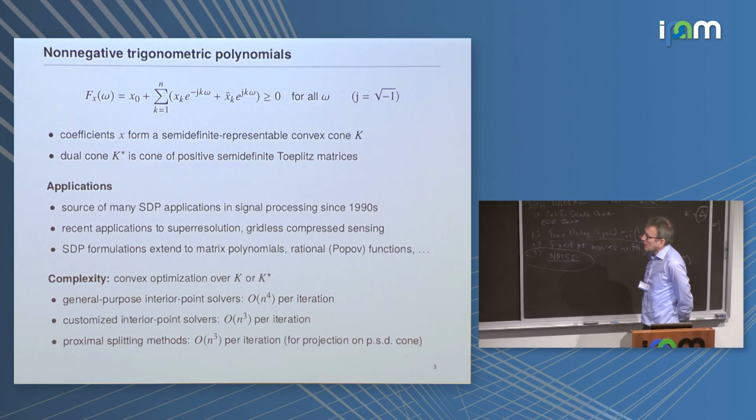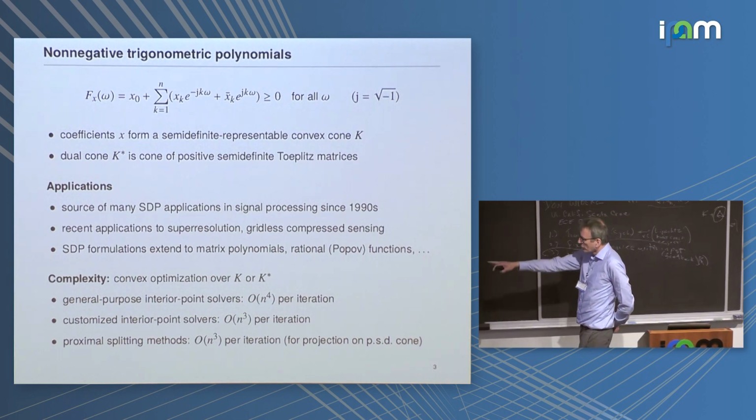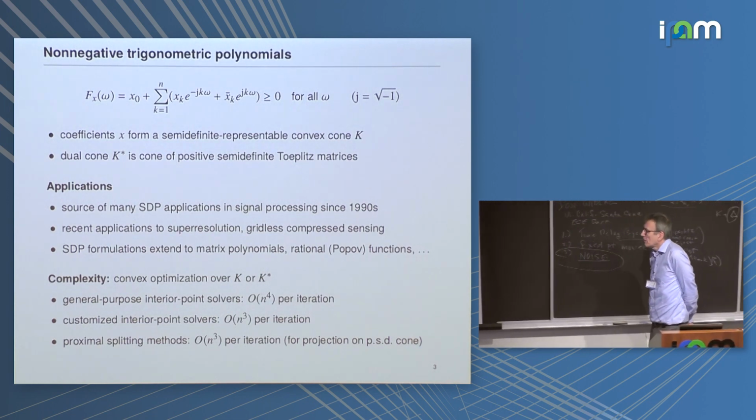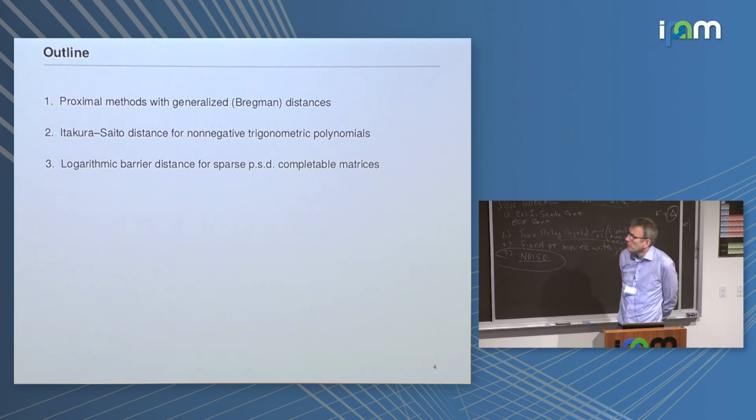So here also you would like, in any case, to scale it. So if you look at proximal methods, a very nice classical idea in the theory of proximal methods is to improve the complexity by replacing the standard proximal operation by proximal operators that are defined with a generalized distance or a Bregman distance. So that's sort of the purpose of the talk.